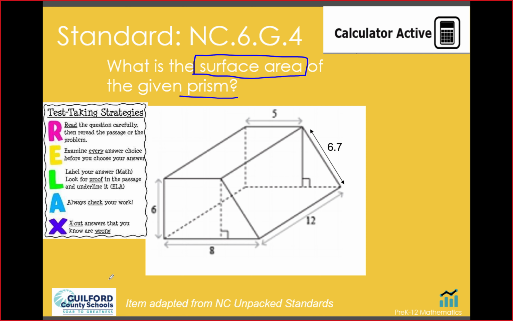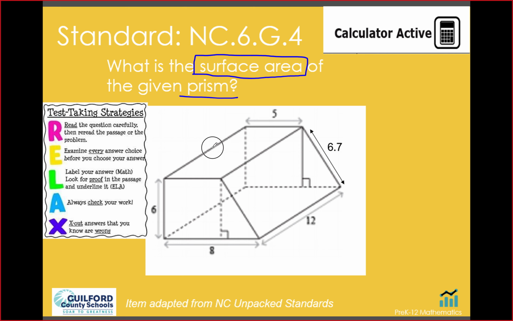All right, so to find the surface area, we have to add up the area of each of these shapes. When I'm finding surface area, I like to think about the types of shapes I have. So looking at this, I'm going to look at how many rectangles I have.